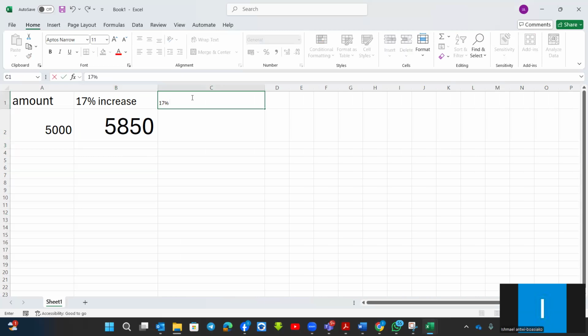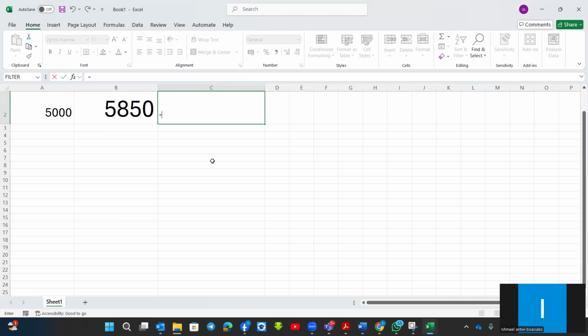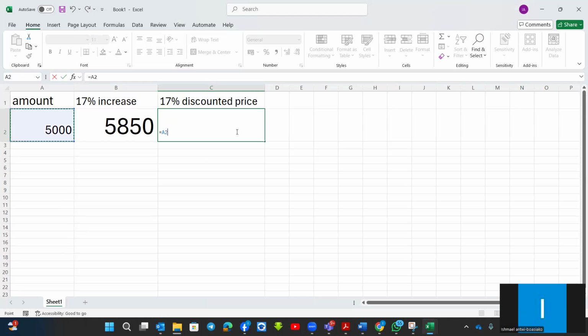Now, let's look at 17% decrease. Discounted price. Remember, I have to take out the 17% from 100%. So it will be 83%. So it will be equal sign, the amount given in column A times 83%.